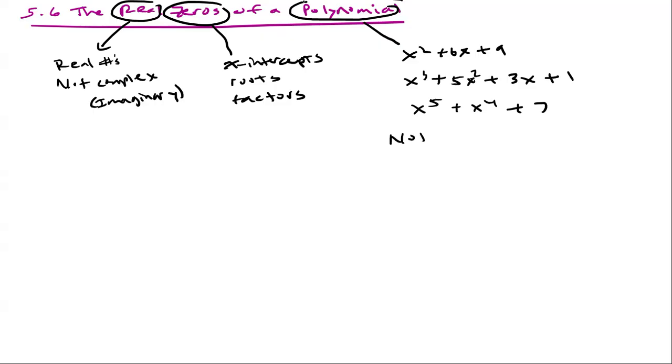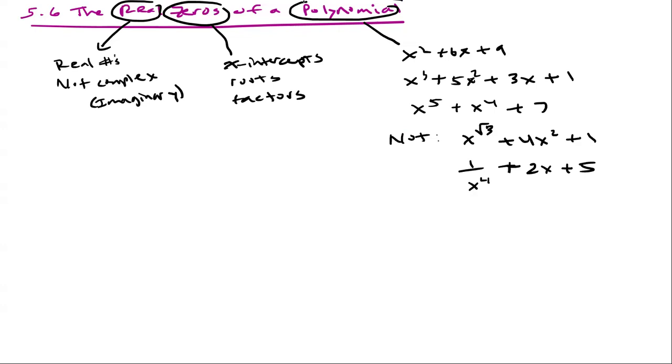What is not a polynomial are x raised to the square root of 3 plus 4x squared plus 1, or 1 over x to the fourth plus 2x plus 5.